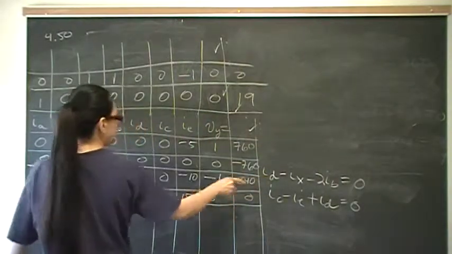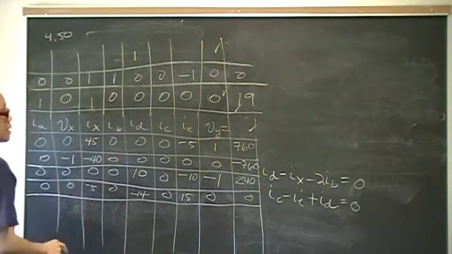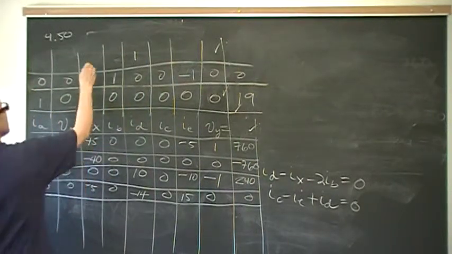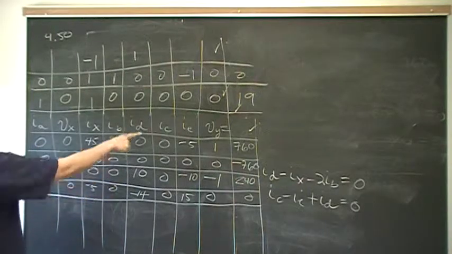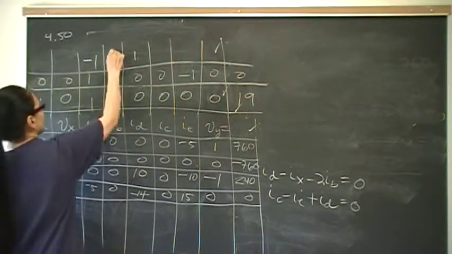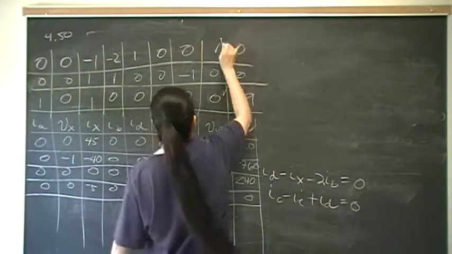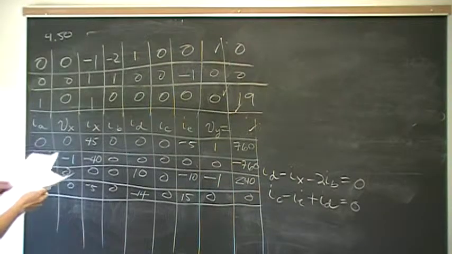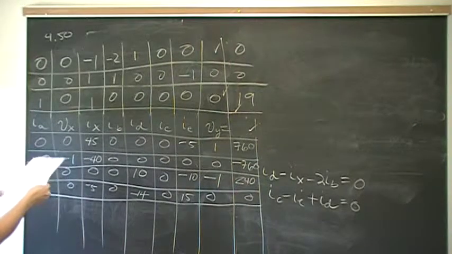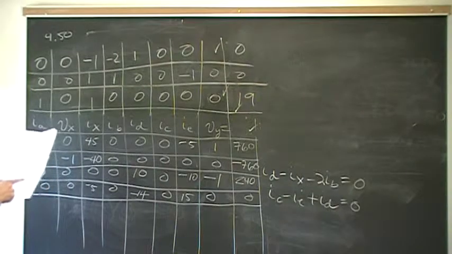The next one is ID. So we got 1 ID, negative 1 for IX, and negative 2 for IB. Zeros everywhere else. Let's see. 0, 0, 0, 0, negative 1, negative 2, 1, 0, 0.